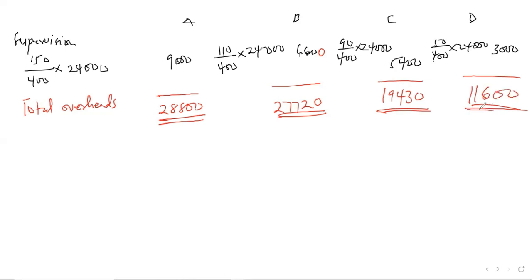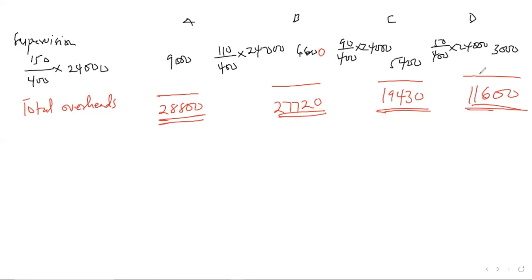So this is all about the apportionment. Very, very simple. So in my next video, I'll be teaching you how to do the reapportionment. So you see, this D is a service department.